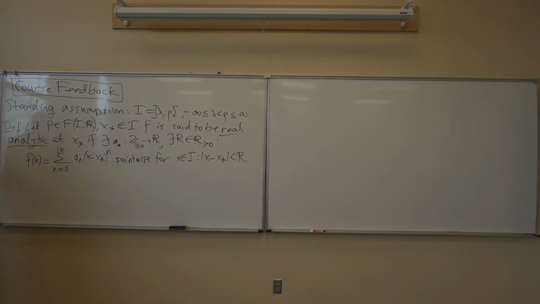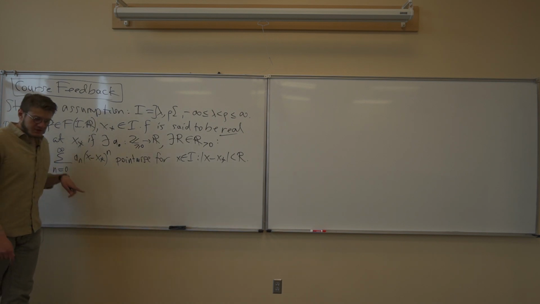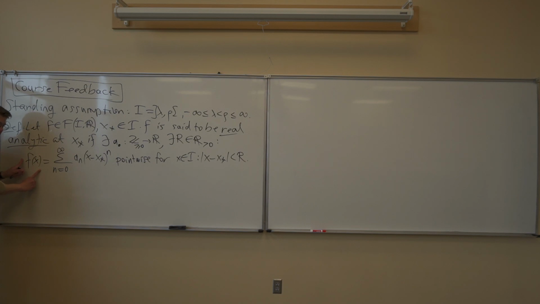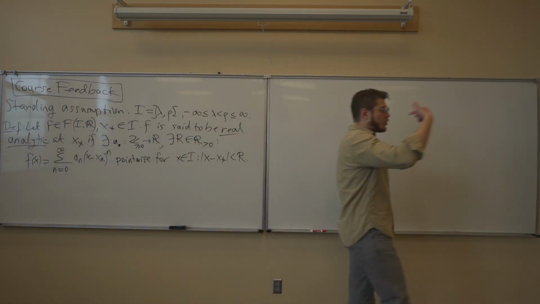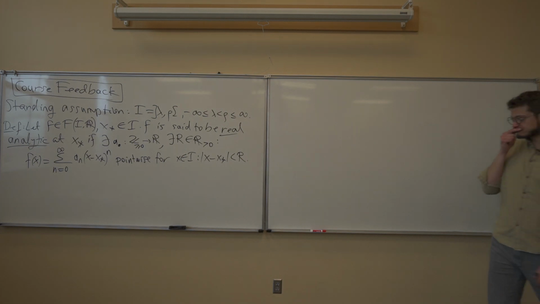And yesterday we had started switching our perspective from the series to the function. So instead of saying, I have the sequence of polynomials, and then I'm adding infinitely many of them, and then I want to get a function at the end, now we want to start from the other side. We want to start from the function itself, and we would like to be able to say something like, I can analyze a function.